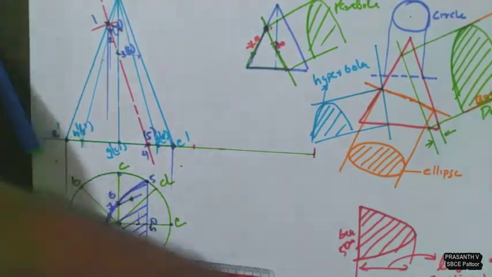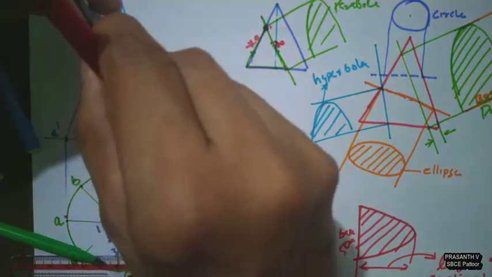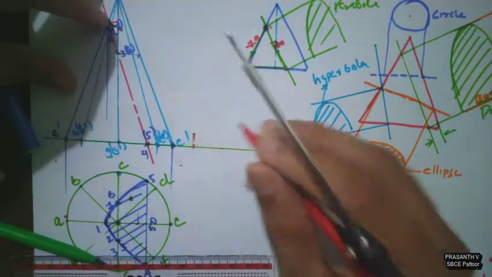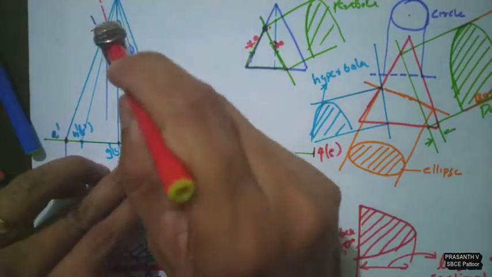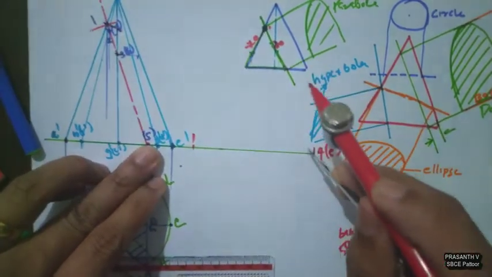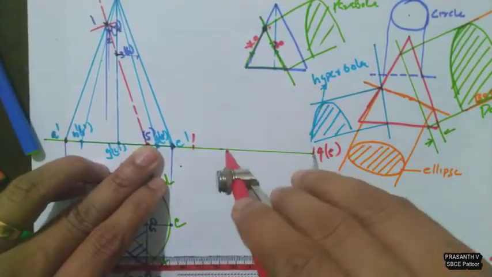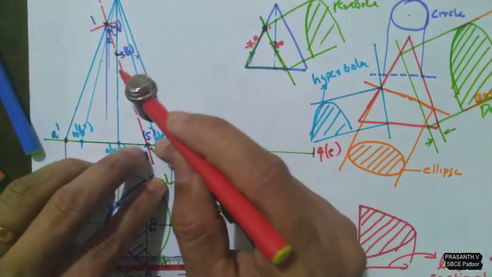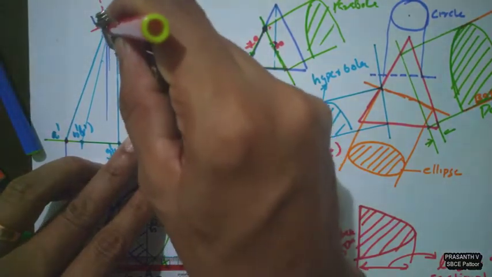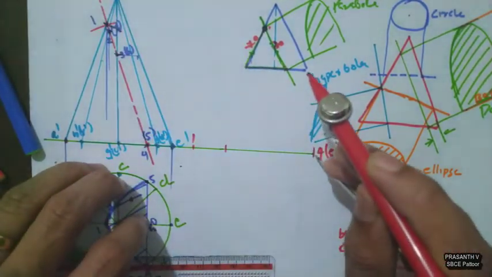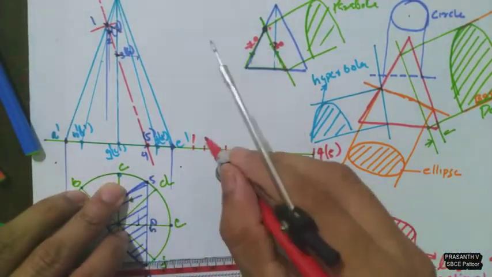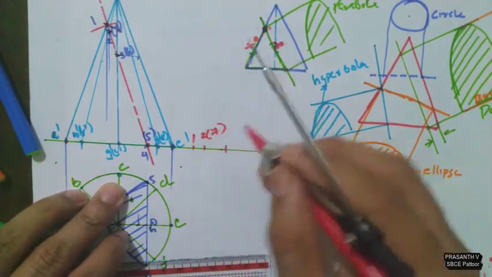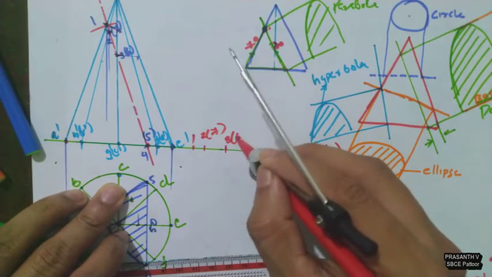And mark other points as well. This point is 1, this is 4 and 5. You have to mark other points also, 3, 6. This point is 2, 7. That also I can mark. This is 2, 7. This point is 3, 6.